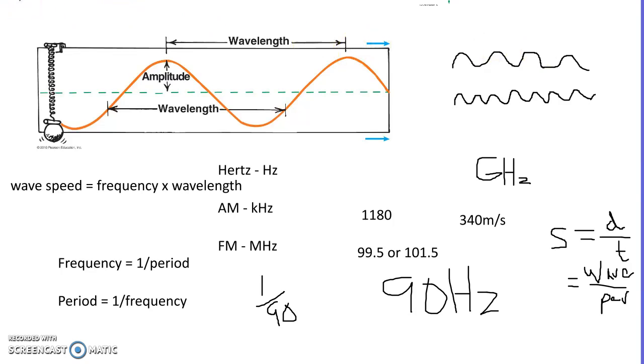In order for them to go equal speed, if one has a greater frequency, it has to have a shorter wavelength, and vice versa. If we take just the example of this first one and increase the wavelength but keep the same frequency, the same number coming by per second, then in 1 second, for it to have a greater speed, it has to have a greater wavelength. It could still have the same frequency, 1, 2, 3, 4, but it has to have a longer wavelength. And therefore it would have a higher wave speed if it went this far in 1 second.